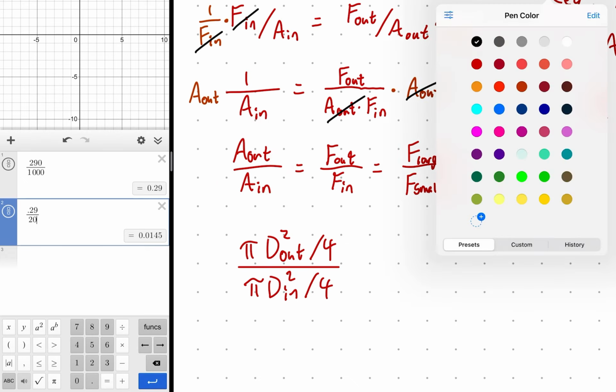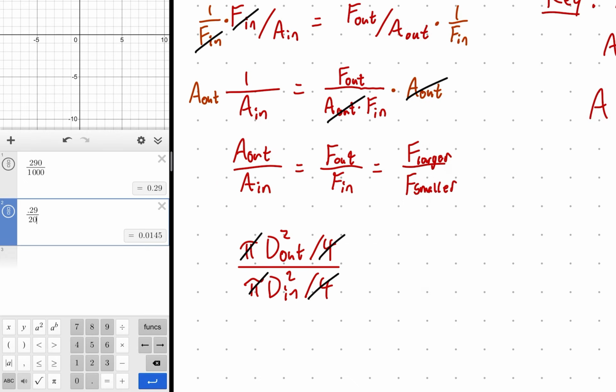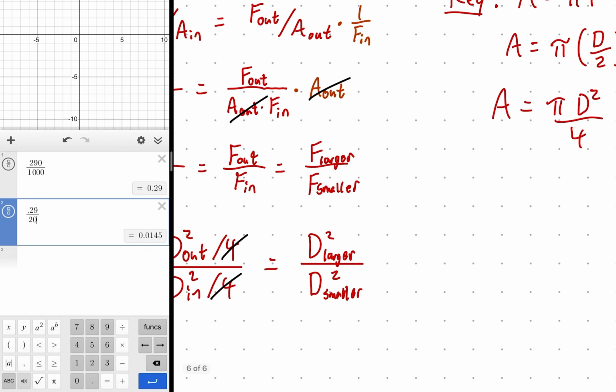All right, so then we have cancellation of the 4s and the pi's. And so then this will just be rewritten. And all I'm doing right now is just rewriting everything on the left of the equation. I'm going to switch over to the larger, smaller notation. So then this is just going to be d out, which is larger, squared, and then d smaller squared, you see, right?